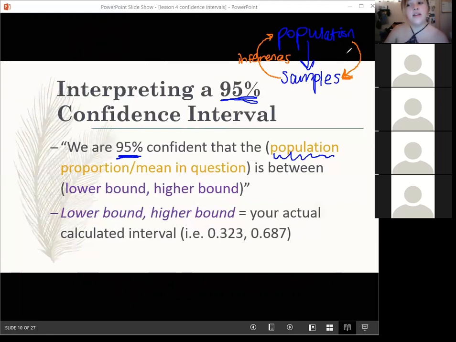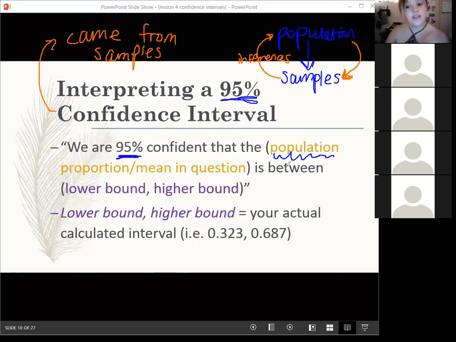The whole point is that we use those samples to make an inference about the population that we don't know. We wouldn't be doing this if we knew the population parameter. The whole point is to try to find out more about the population by taking these representative samples that represent the entire population. So remember, this 95% confidence interval came from samples. Since it came from samples, we're making an inference based upon it about the population.